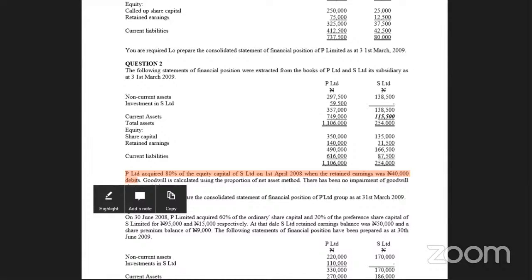And we are told that the goodwill is calculated using proportionate of net assets. When you talk about proportionate of net assets, we only consider the value of the parent.